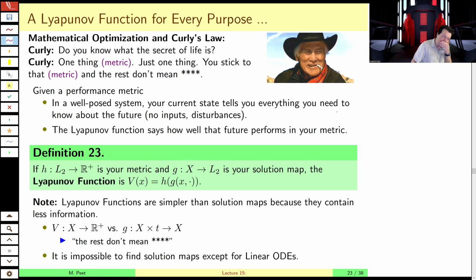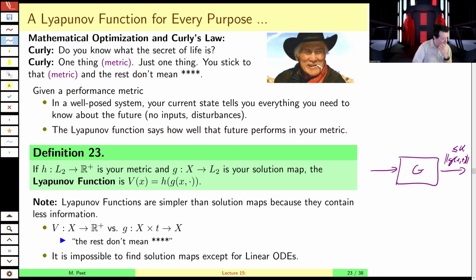You stick to that metric, and the rest doesn't mean anything. So in this case, what are we trying to prove? If we're trying to prove that the size of the output for a given initial condition is bounded, then it makes sense to choose our Lyapunov function to be some metric of that bound.